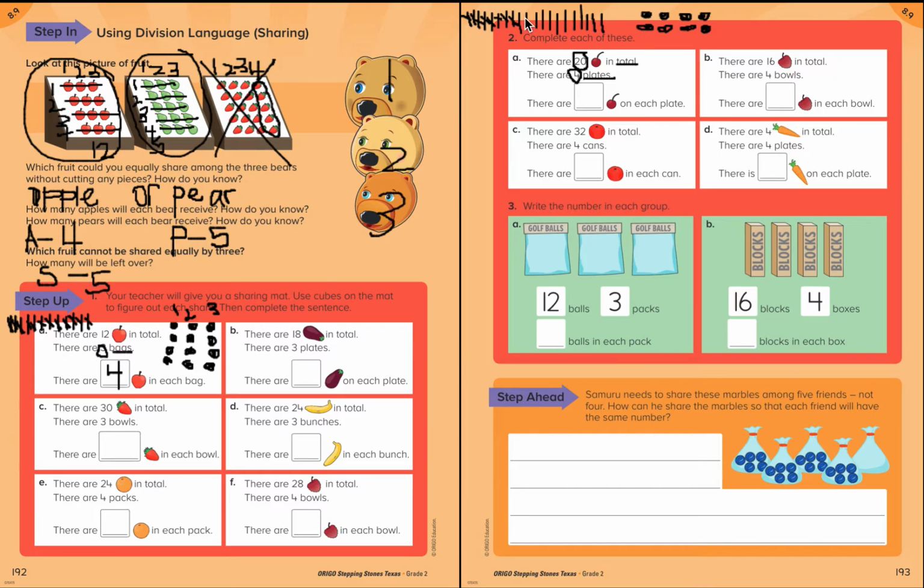Now I'm going to do 4 more. 1, 2, 3, 4. I'm going to cross off 4 more. 1, 2, 3, 4.